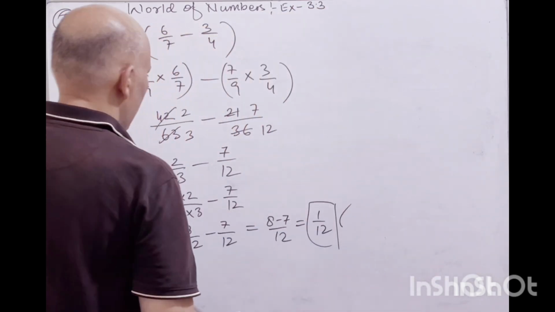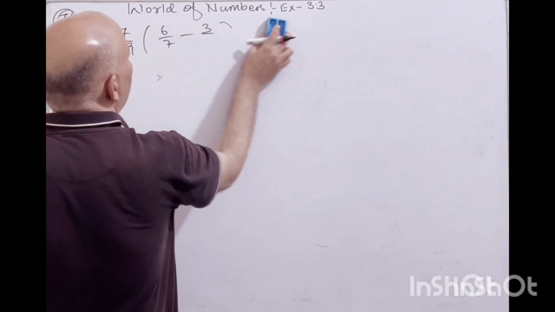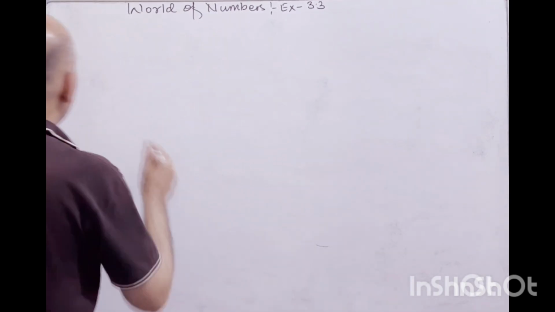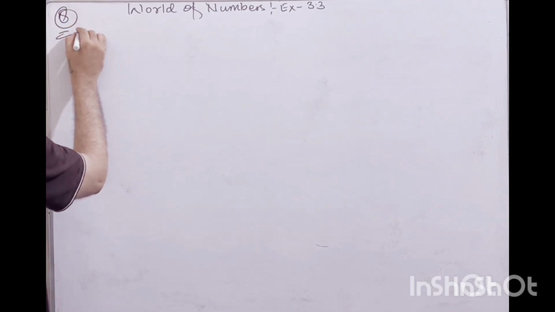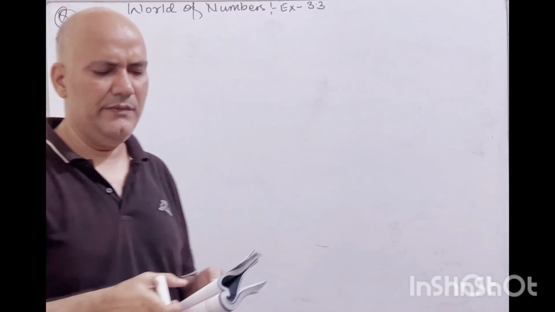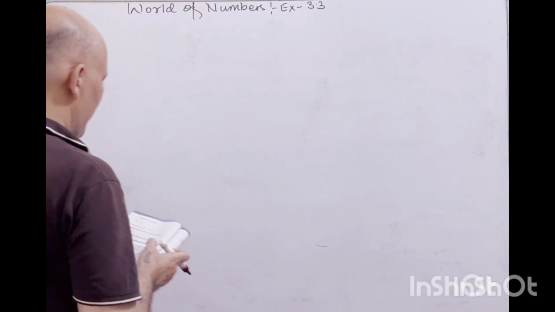In the next question, question number 8, it was only to simplify and nothing else, plus minus as per the condition given. Question number 8, this is a bit different. It says find the rational number x such that you have been given such a condition and you have to find out the x, right?